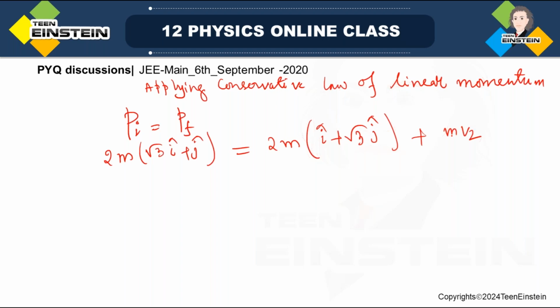So we have to find out what V2 is. So m I can strike out.